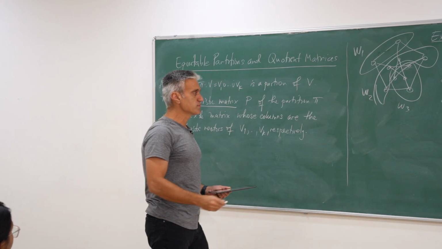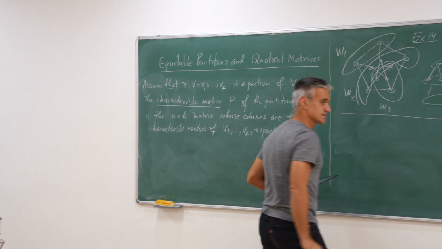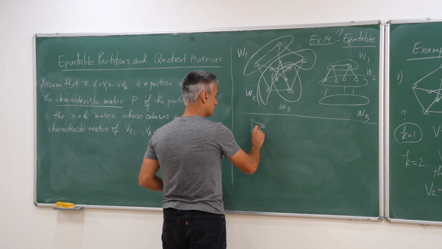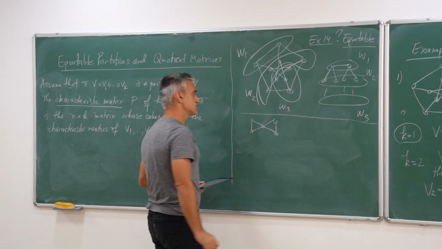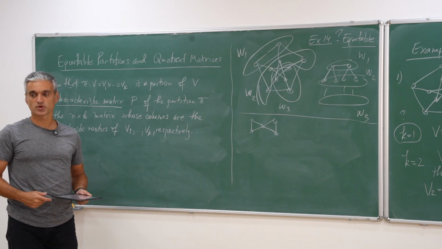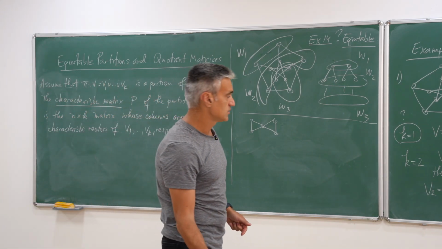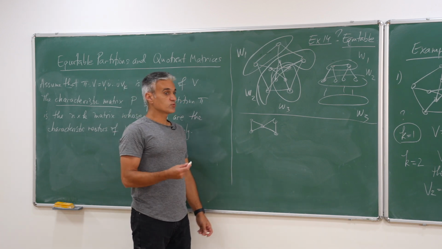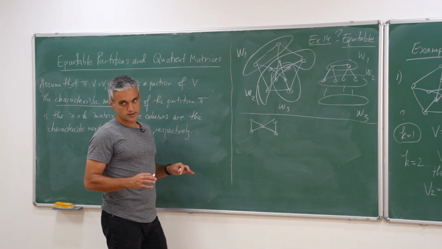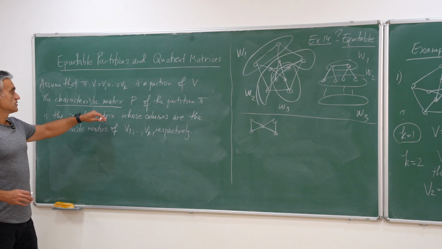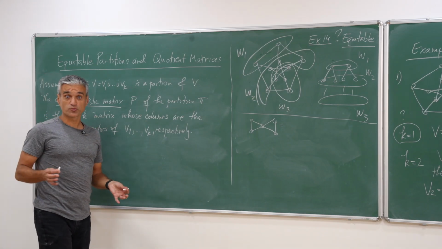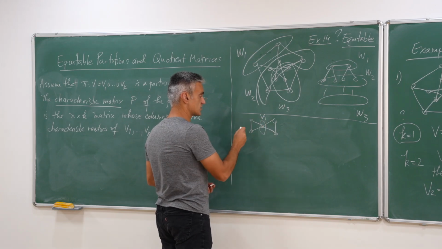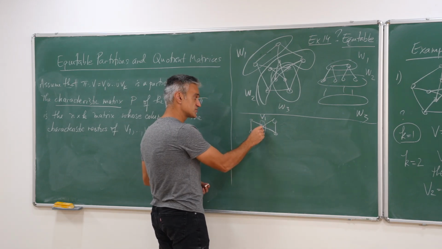So maybe let me give you a smaller example so you can see what this is. Let's take this graph. Sometimes it's called a bow tie graph or friendship graph. I will show you this characteristic matrix for two partitions. So let's do first one partition where V1 is here and V2 is the rest. So V1 is this vertex here.